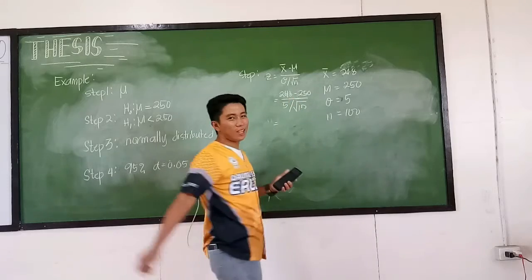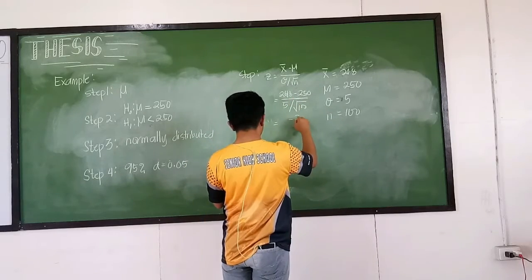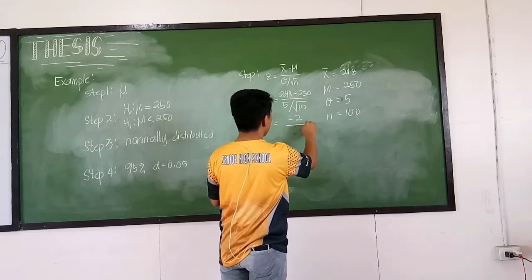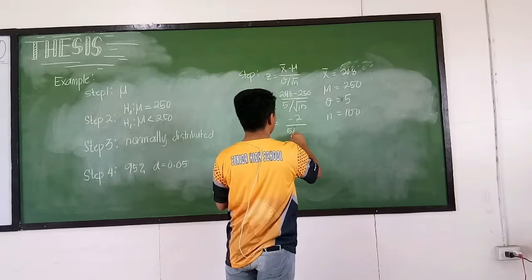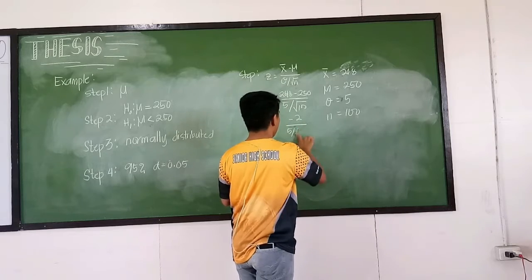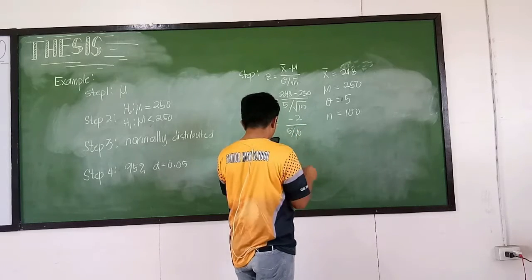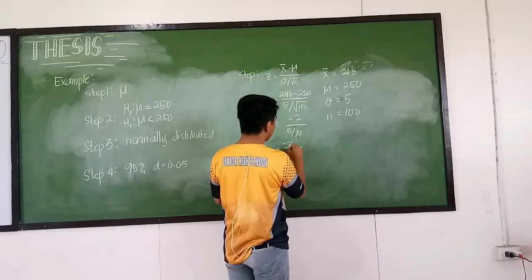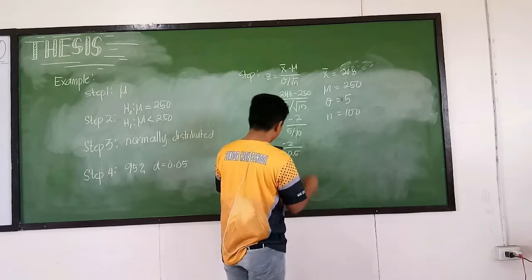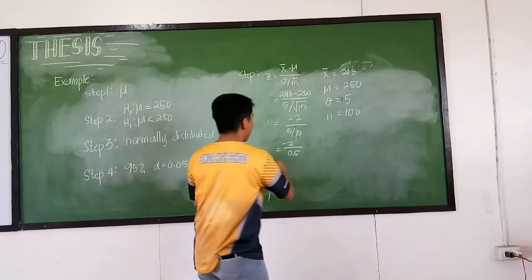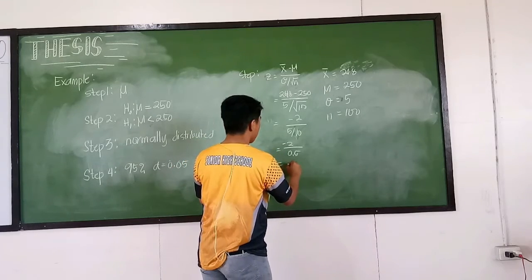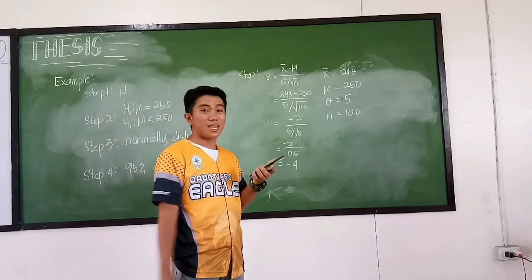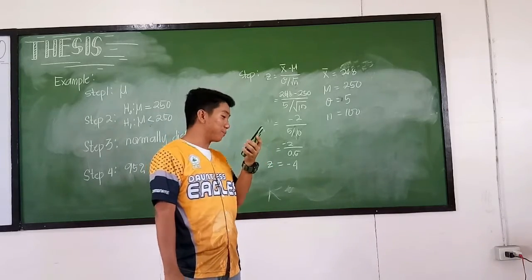So 248 minus 250 is negative 2 over 5 over the square root of 100, which is 10. In this case, we're going to have negative 2 divided by 0.5, and the answer will be z is equal to negative 4. That will be our z value.